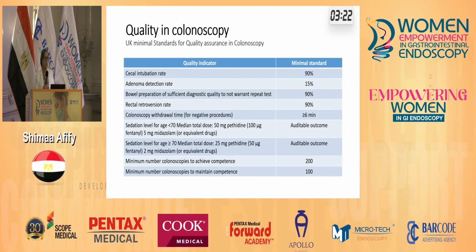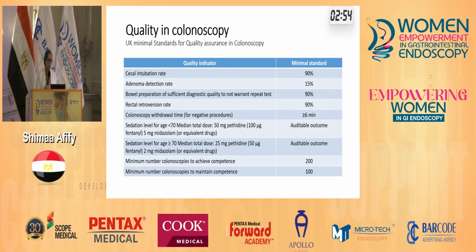If you didn't reach the cecum in 90% of your examinations, then you still need more training. Of course, 10% is missing because either you have lesions that stop the completeness of the examination, or the patient had intolerability. But 90% or more is enough for the cecal intubation rate.